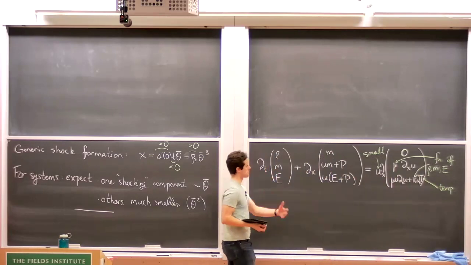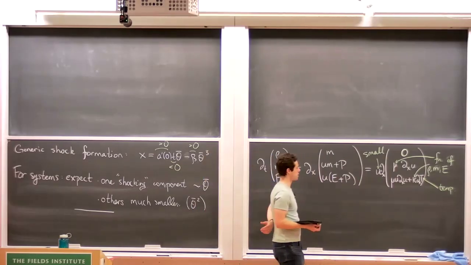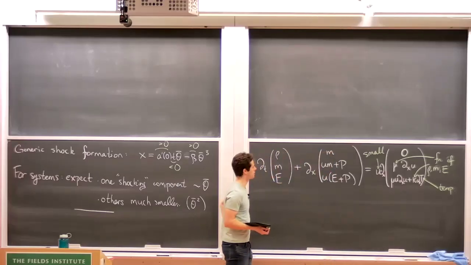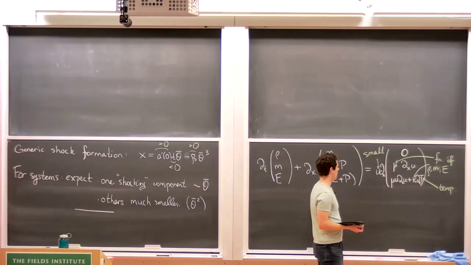I won't specify further what they are. There are various expressions one can get from certain Boltzmann limits. They contain information about the collision kernel that you're using in the underlying kinetic equation if you're trying to derive this from that perspective. But their explicit forms are not of terrible importance here.